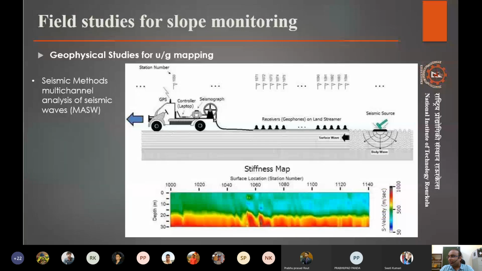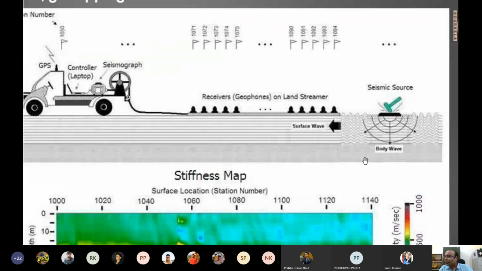A typical setup for this kind of analysis is something on this line. I don't know if it is very clear, but let me zoom in.